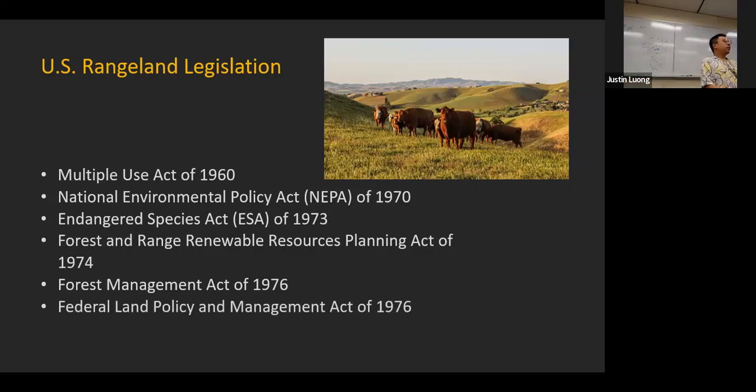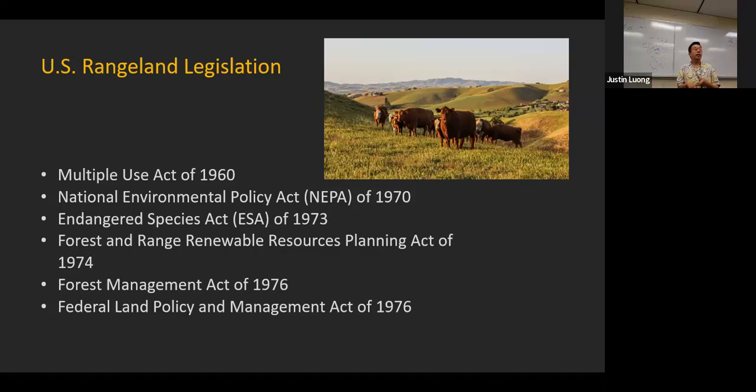There is the Federal Land Policy and Management Act of 1976, which requires that public lands be managed in a way that protects the quality of scientific, scenic, historic, ecological, environmental, air, atmospheric, water resources, and archaeological values. So that is much more specific and much more detailed. And so now it's not just multiple use. It has to be protected for all of these different things.